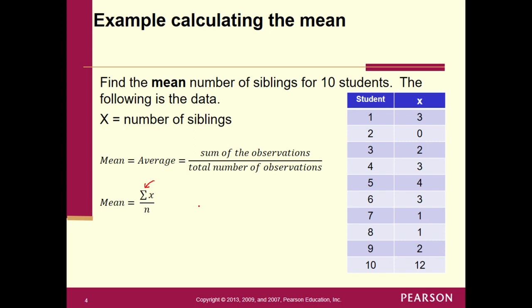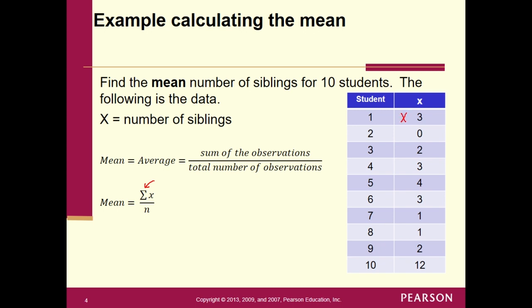In algebra, we're used to seeing that x just stands for one specific value. However, if you see a summation sign in a statistics formula, I almost guarantee you that there's more than just one x out there. So what we have to think of, let's go over to the data over here. We had 10 students.